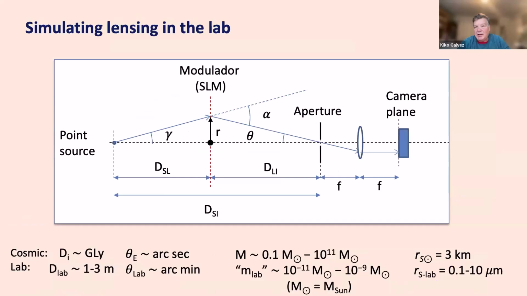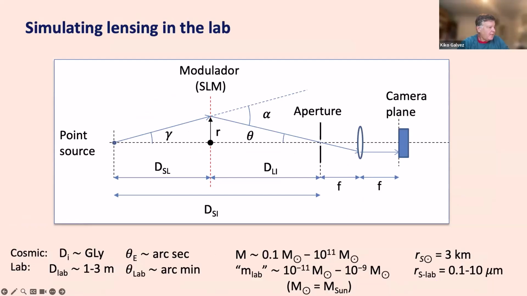So how do we image this in the laboratory? We have a point source. Our lens is a spatial light modulator, and then on Earth we are looking at different angles. So we need to simulate that with an aperture and a lens and a camera.